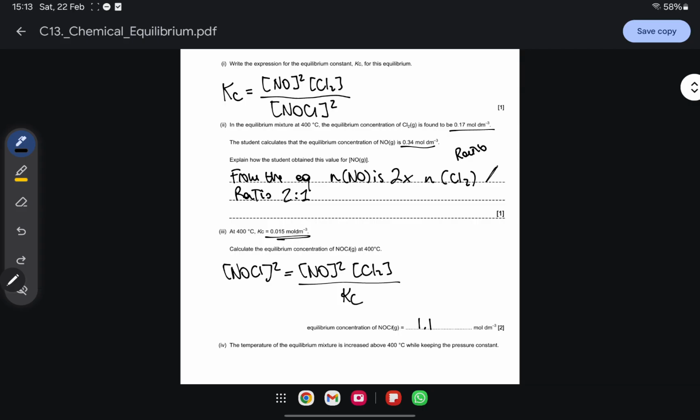And then, of course, to remove the power, we take the square root of all of this. To put in the values, it would be the square root of 0.34 times 0.17 divided by 0.015. I hope you got the right answer: the square root of 1.3, if we solve it, is 1.1.